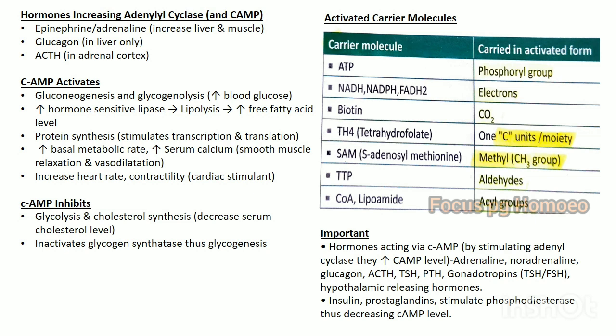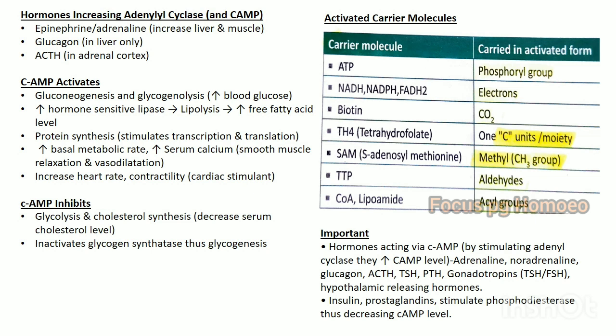It increases basal metabolic rate, serum calcium, heart rate and contractility. cAMP inhibits glycolysis and cholesterol synthesis and inactivates glycogen synthase, and thus it promotes glycogenesis.